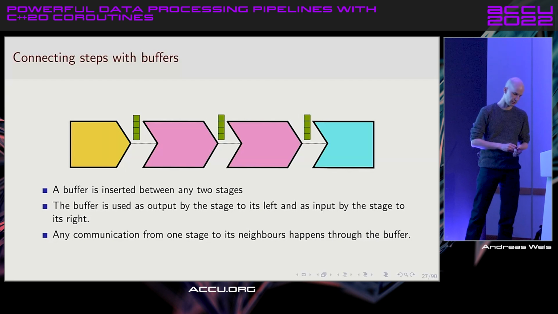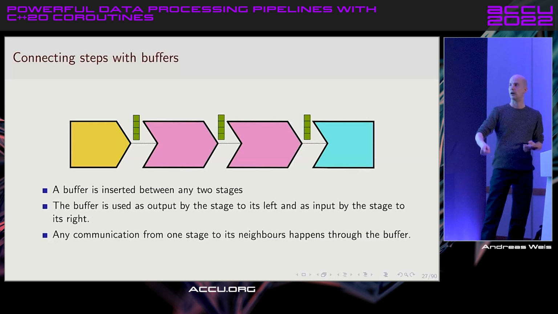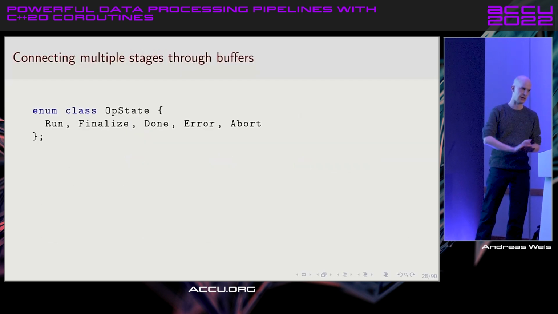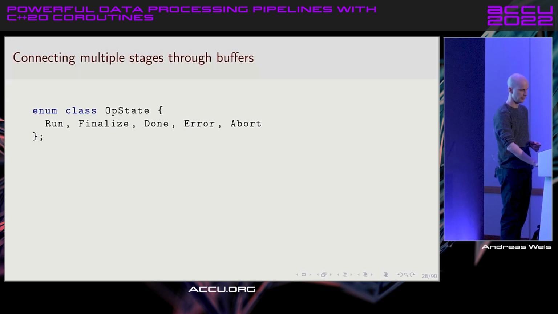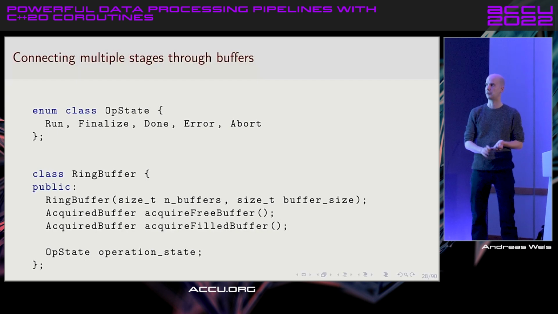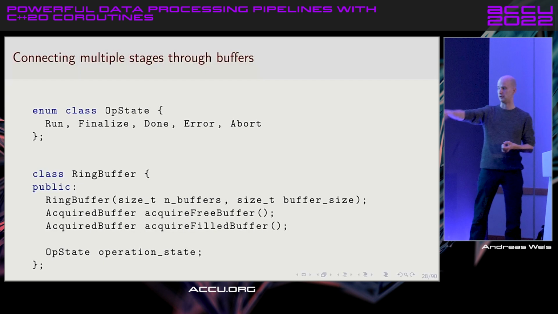As we've seen before, each step not only produces data, but also produces a return value. I'm not going to hand the return values directly from one step to the next, but instead I'm going to hand them through the buffer. So I'm going to define this, I called it operation state, which I'm then going to add on the buffer.